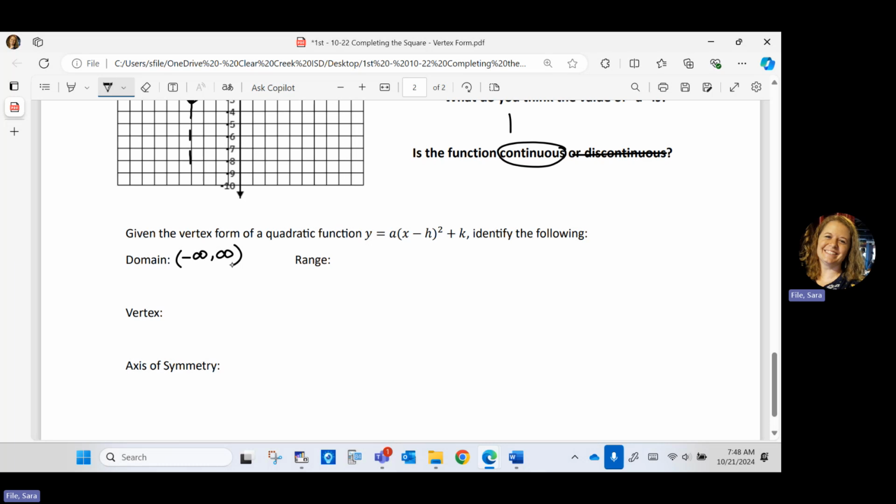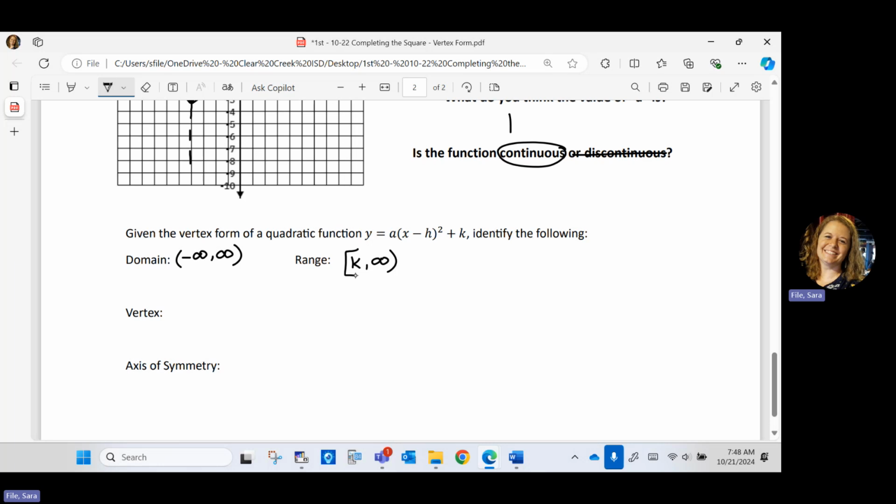And then for the range, this A is positive, right? There's no negative in front. So what's going to be the lowest Y value? The K, whatever K is. So it's going to be K to infinity, and you'll include the K, whatever it is.